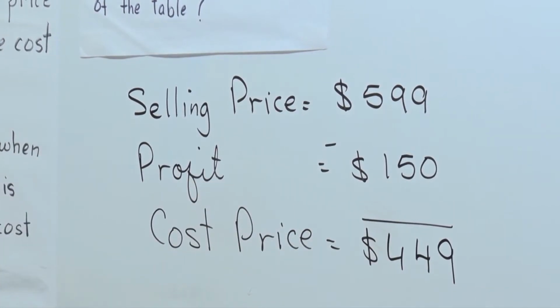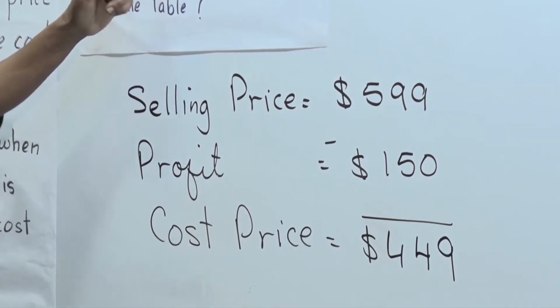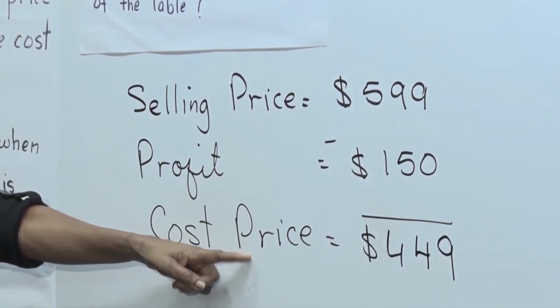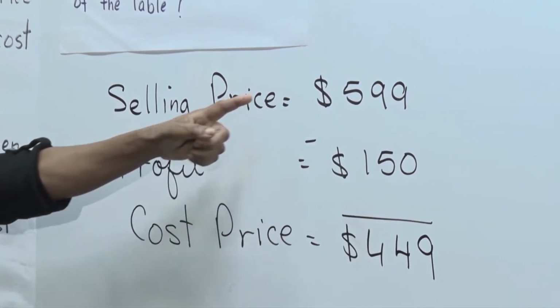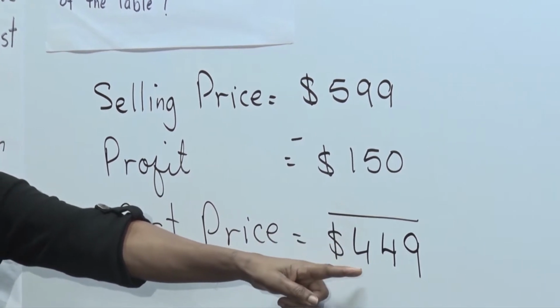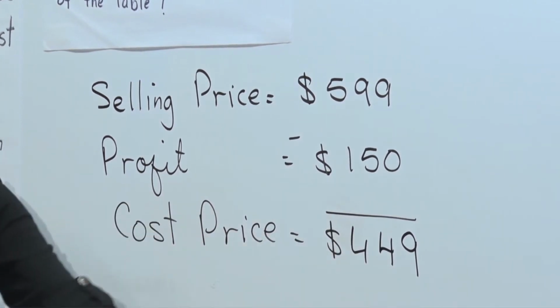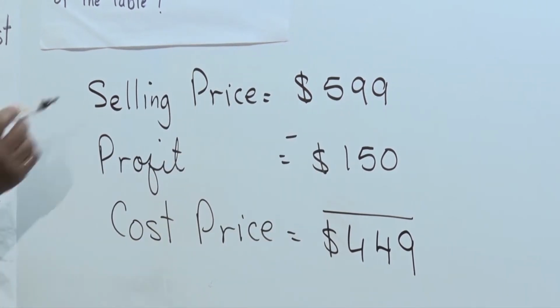Therefore, did the store owner make a profit? Yes. Why? His cost price was less than the selling price. Or in other words, he sold it for more than he paid for it. It cost him $449, but he sold it for $599, thereby making a profit of $150.